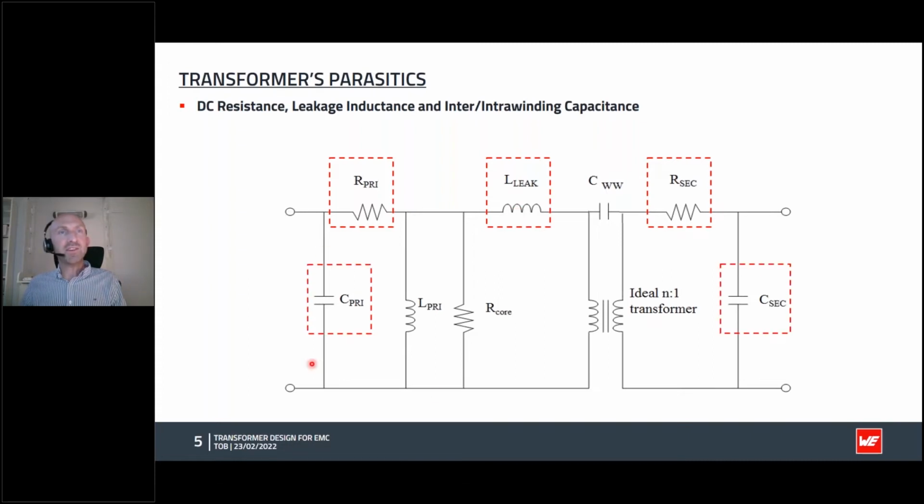Then we have another parasitic called the intra-winding capacitance. So this is the capacitance from turn to turn, and the sum of those turns is called this intra-winding capacitance. So it's the capacitance distributed on one single winding. So on the primary side, we can measure the capacitance just across the winding itself, and that will be the intra-winding capacitance.